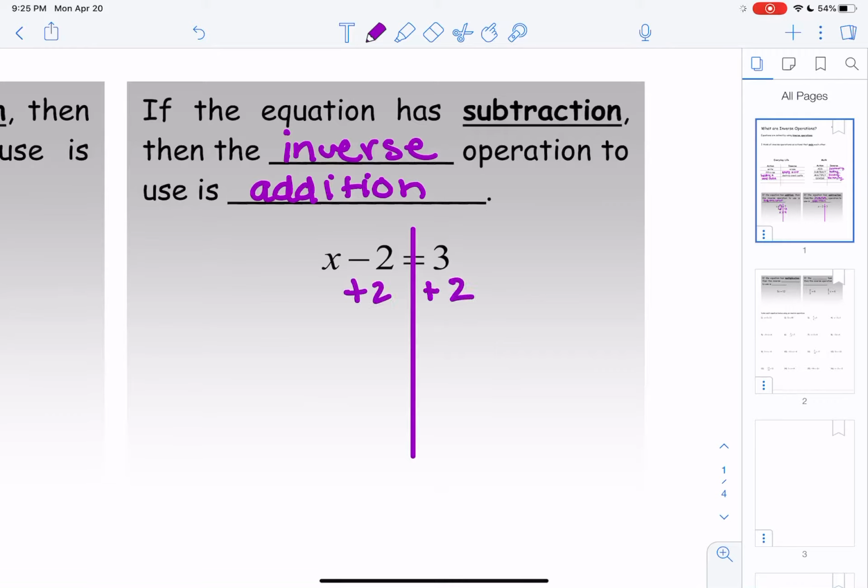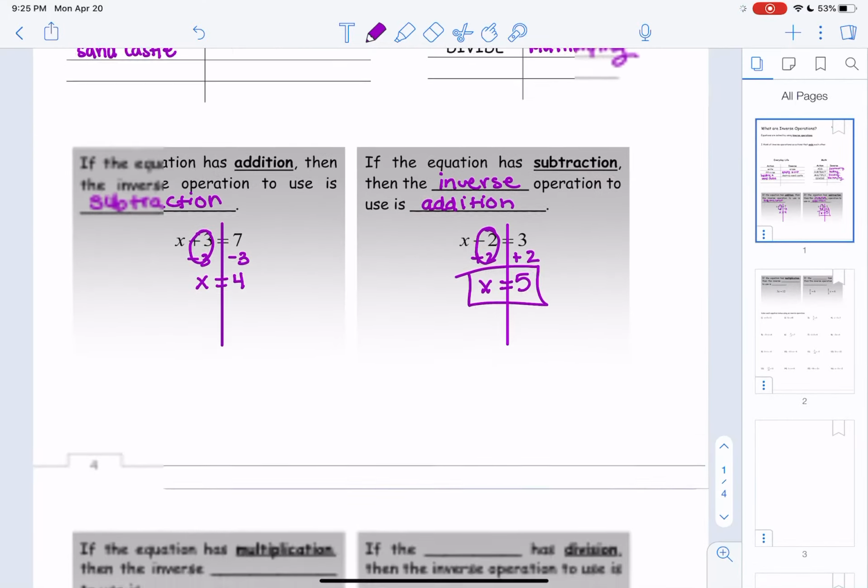And what I do to one side, I have to do to the other. Remember from yesterday's video? So minus 2 plus 2, that's 0. I have x. I still have my equal sign. 3 plus 2 is 5. So my answer is x equals 5.